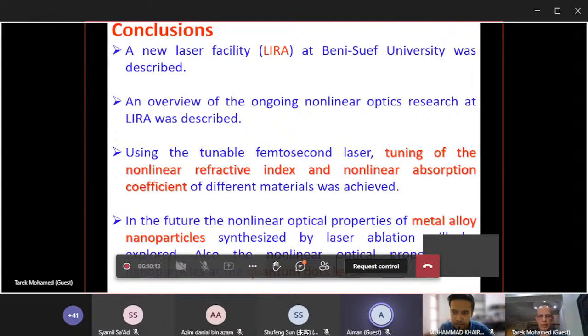We are trying now to make metal alloy nanoparticles, and we also try to control the laser parameters to reach quantum dot size lower than 10 nanometers. We are also going to check the nonlinear optical properties to see what could be obtained from such a small size and from metal alloy nanoparticles.